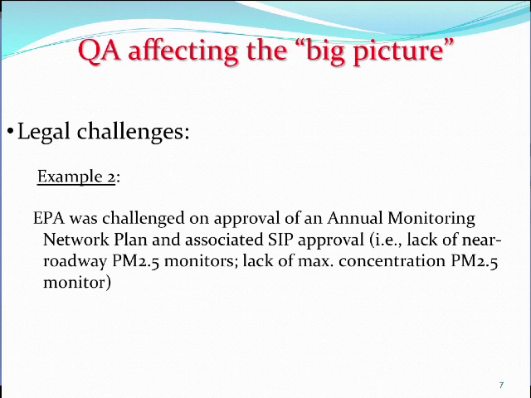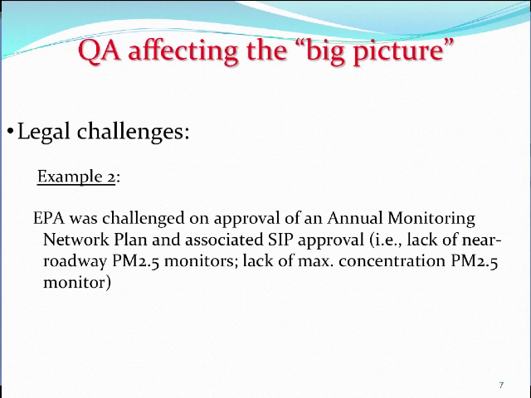This comes close to home because it was our annual monitoring network plan, but EPA was sued on their approval of our annual network plan because they thought that we didn't have enough near roadway monitors, and that we didn't have our max concentration site. This was all going on as EPA was requiring near roadway monitors, so it's just finally worked its way out.